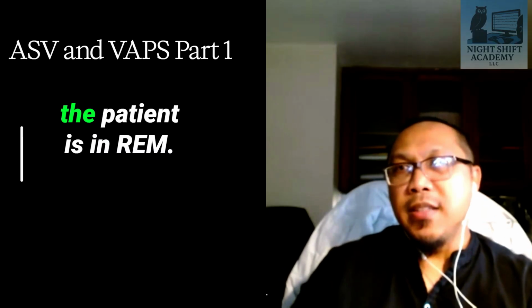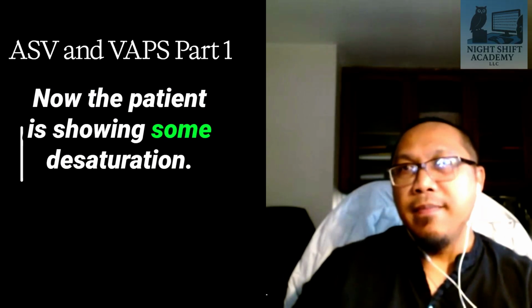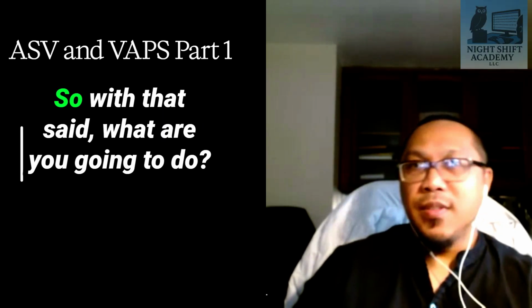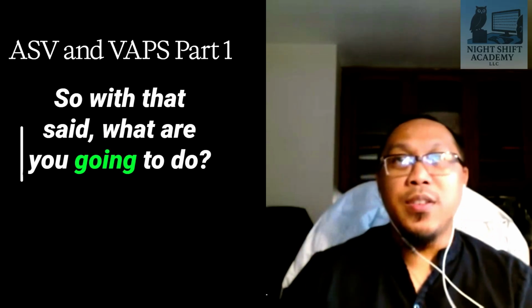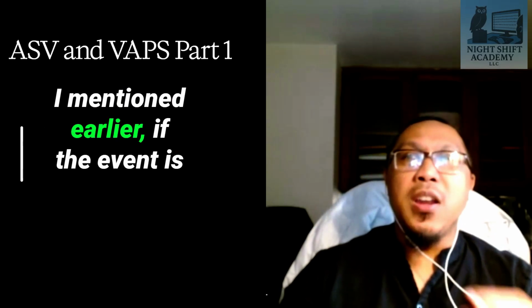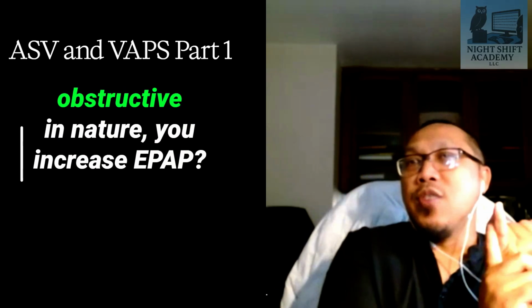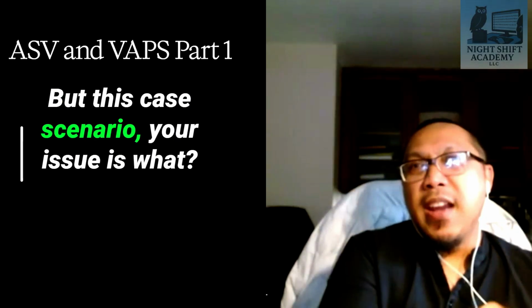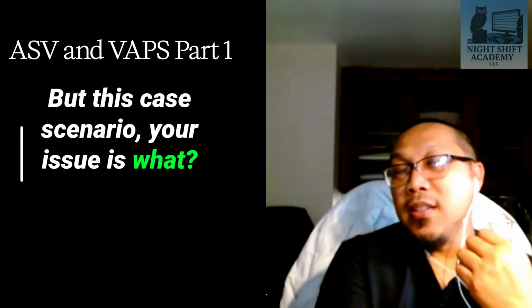Now, after 10 minutes, the patient is in REM. Now the patient is showing some desaturation. What is your next step? So with that said, what are you going to do? I mentioned earlier, if the event is obstructive in nature, you increase that. But in this case scenario, your issue is what?